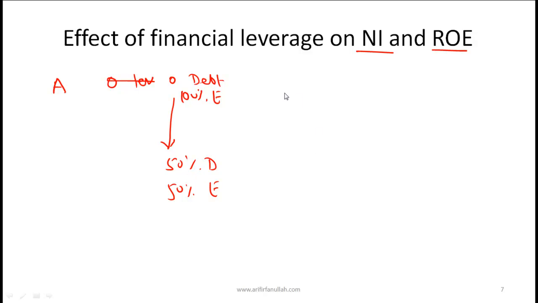What will happen to net income? So net income will clearly come down because there is an interest cost. However, when we talk about return on equity, that formula is net income divided by equity.